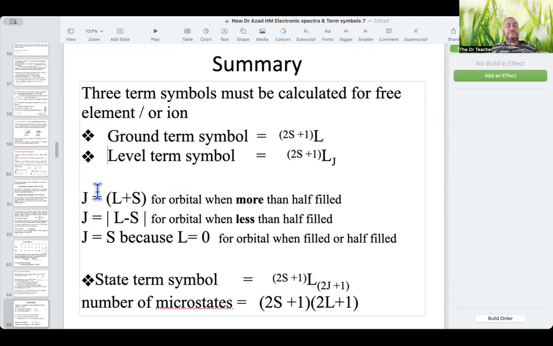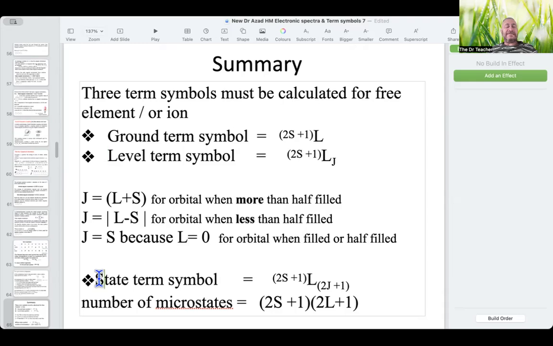L plus S when it is more than half filled. J equals L minus S, integer, when it is less than half filled. But J equals S when L equals 0, total. When filled or half filled, you always end up with L equals 0.